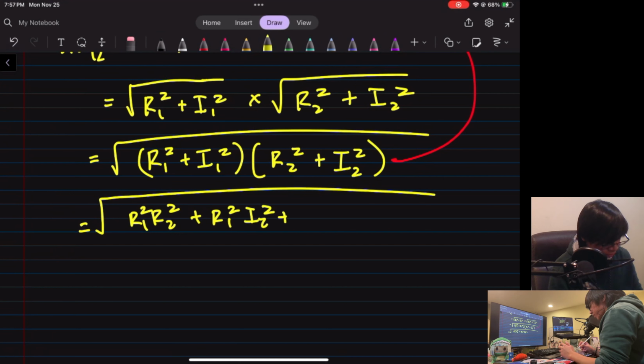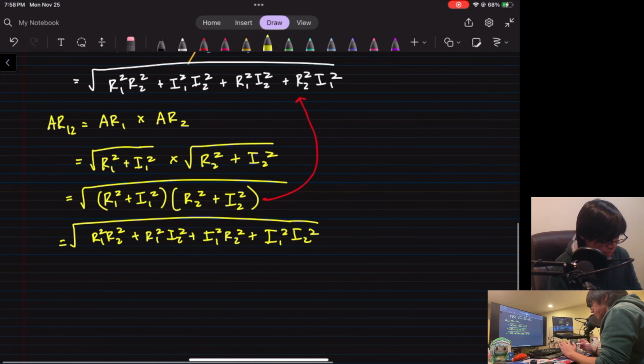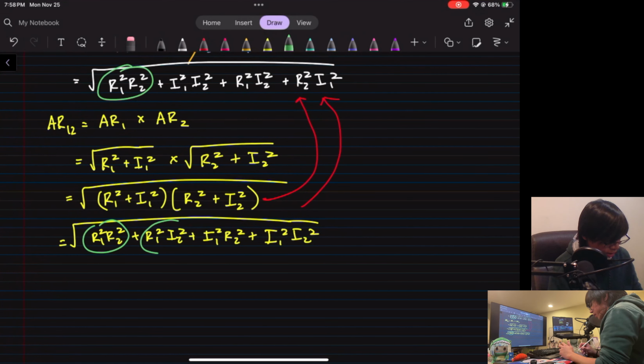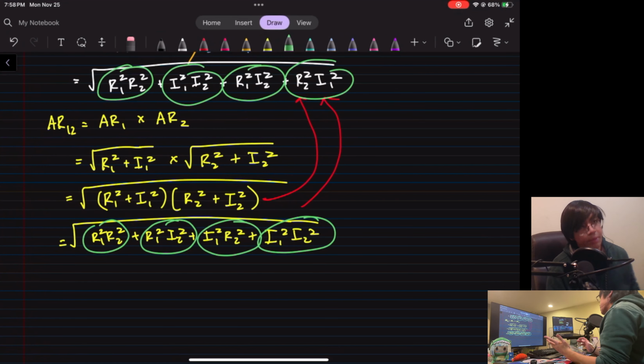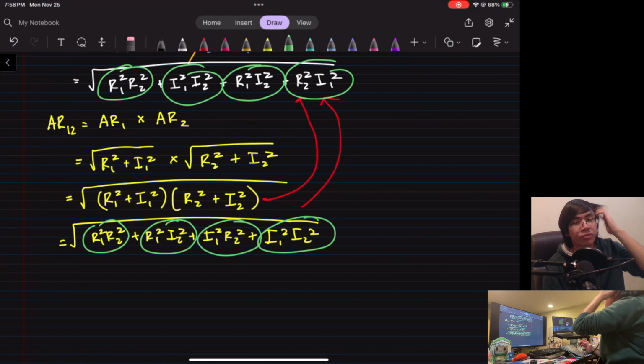I have I1 R2 squared. Both of them are squared. And then I have the I's squared as well. And again, these two are the same. You can see each term: R1, R2, R1, I2, R1, I2, I1, R2, I1, R2, and the two imaginaries. They're the same.